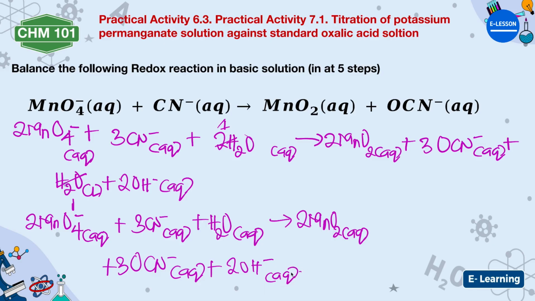This MnO2, is it actually in the aqueous form that it was given or not? I believe that is the end of this particular practical. Is that okay? But let me confirm something from your manual.